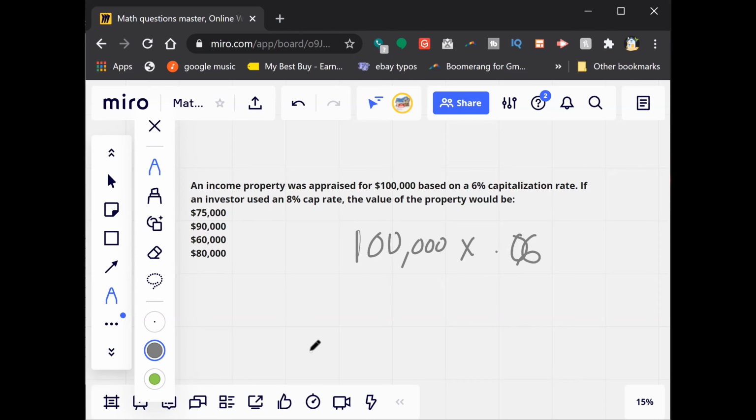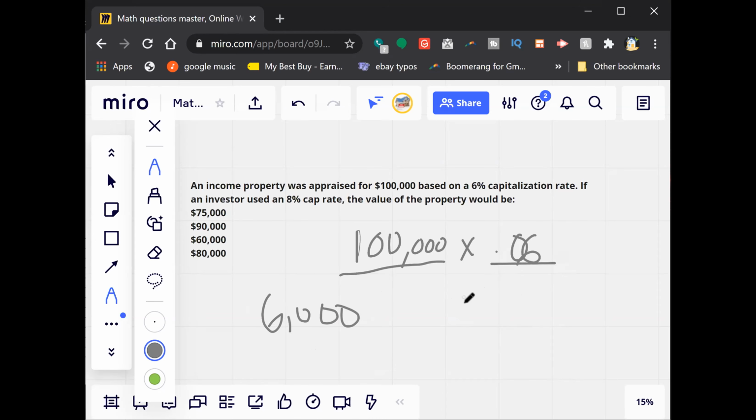So what we need to do is find the income. How do we find income? How do we solve for income? We solve for income like this: rate times value. Yep. So the 100,000 multiplied by 0.06 would give us 6,000. And then Sherry, tell me what the last step is going to be.